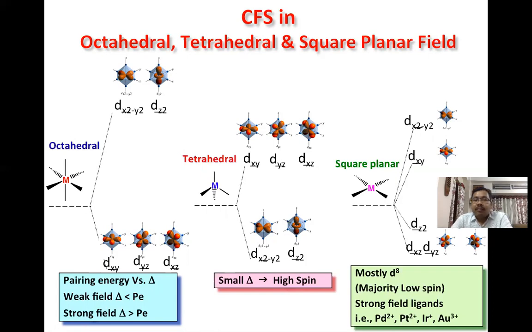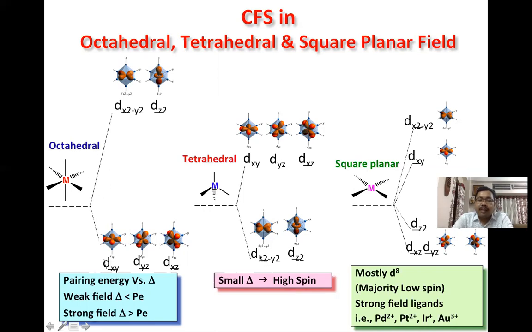But if we have some other geometries of the coordination compound, then the splitting pattern may be different. In case of octahedral, already we have discussed these 3 orbitals will have low energy and these 2 orbitals will have higher energy. Now instead of octahedral, if we have a tetrahedral structure, then the situation will be just opposite to that of the octahedral one.